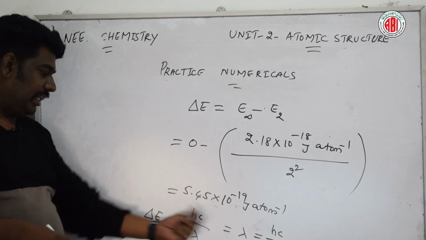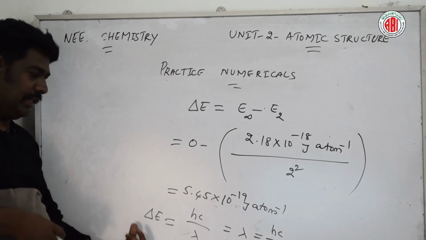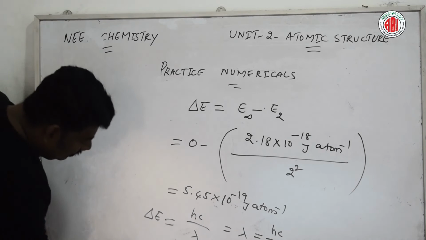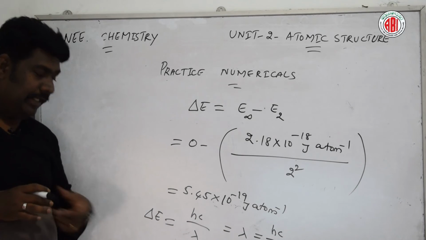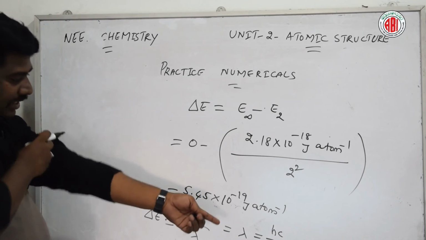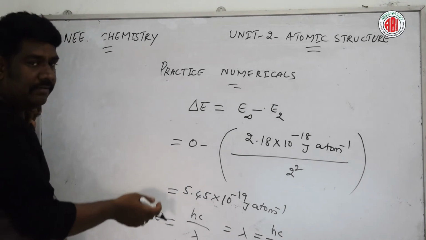Exchanging the values from the left side to the right side, now let us find the value for this lambda. Lambda is equal to hc by the change in energy. hc is nothing but Planck's constant and the speed of light.